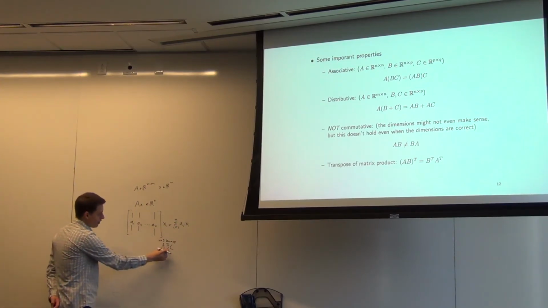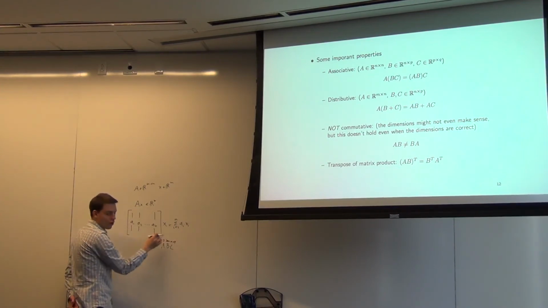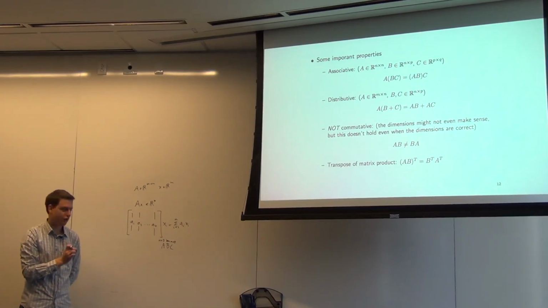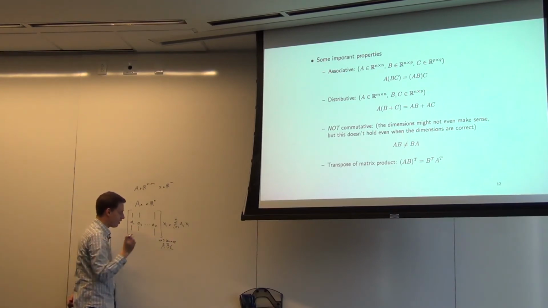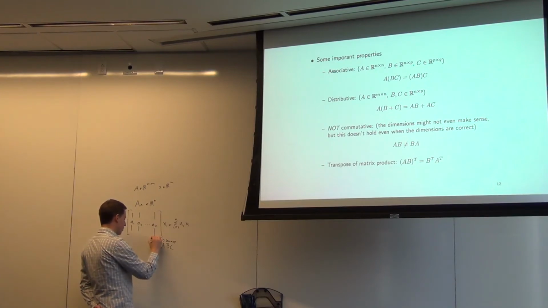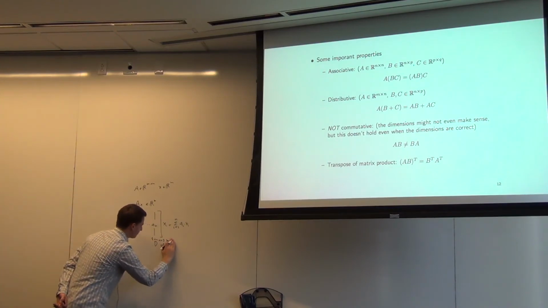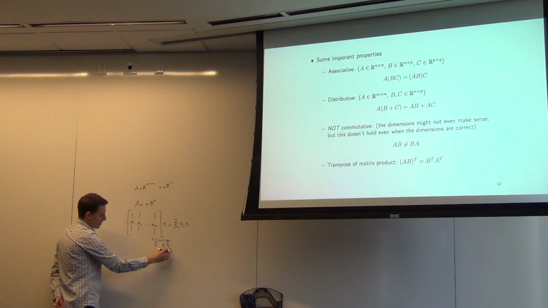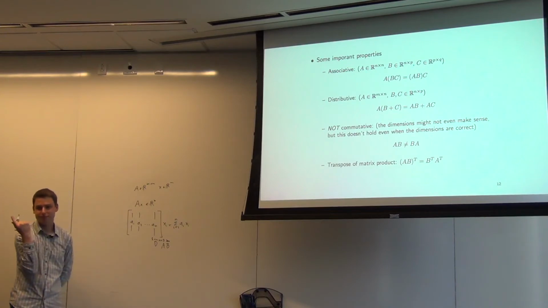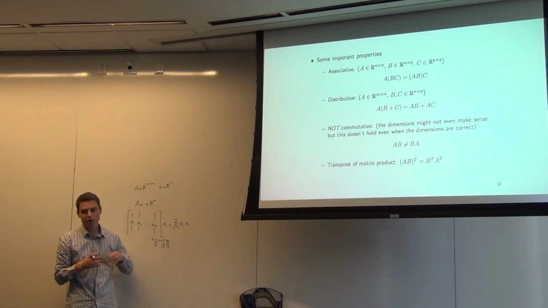Actually, let me do a simpler case, with D where D is 1 by n. If you multiply these together first, you have a big matrix here. Multiply these together first, you have a scalar, and then you're just scaling this by a constant. So it actually can be more efficient to do them in different orders, but mathematically they're the same thing.